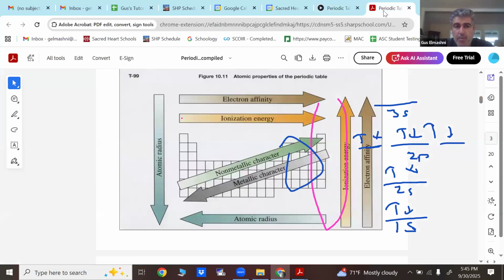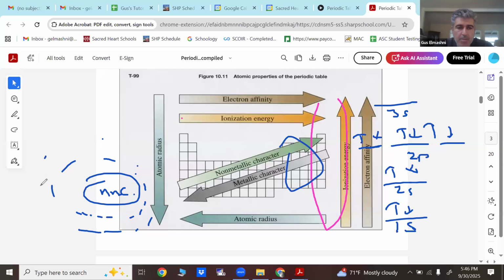Also, we know that the atomic radius is small as we go further to the right. That means there's a stronger attraction between the outer electron and the nucleus, right? With fluorine, you have your nucleus, your first level, your second level, some electrons floating around.